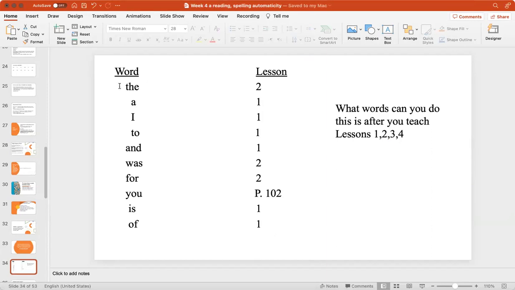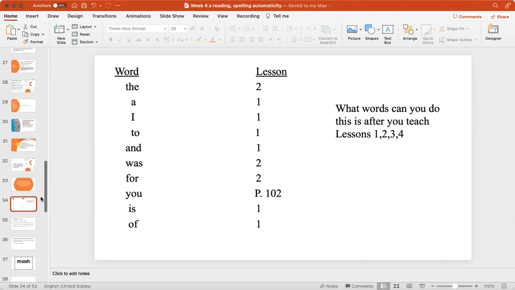So like the and was and for, those are temporarily transparent or temporarily not decodable. But once you teach the rule, then you can teach the high frequency word.